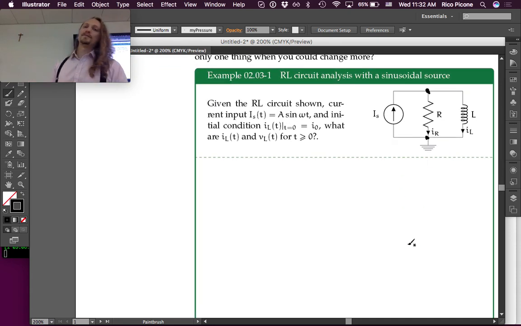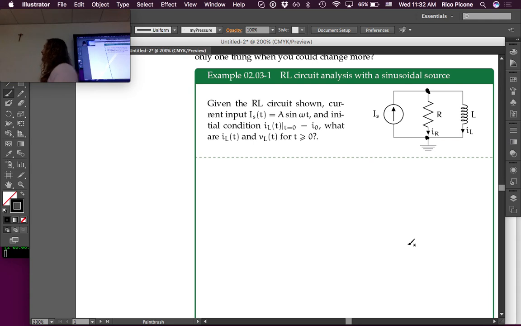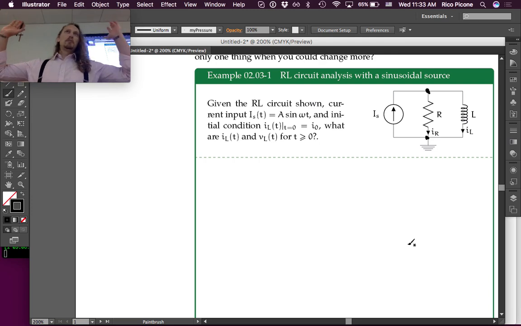So, here we go. The example itself. RL circuit analysis with the sinusoidal force. Given the RL circuit shown, the current input, IS of t equals A sine omega t, and initial condition IL at time equals 0 is equal to some I0, which could be 5 amps or whatever, it doesn't matter.